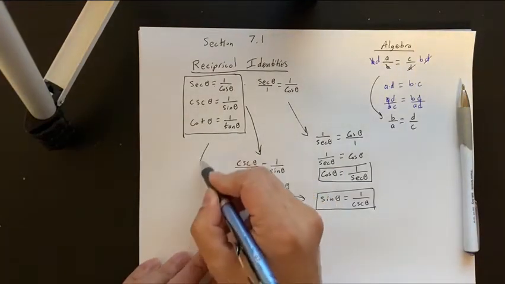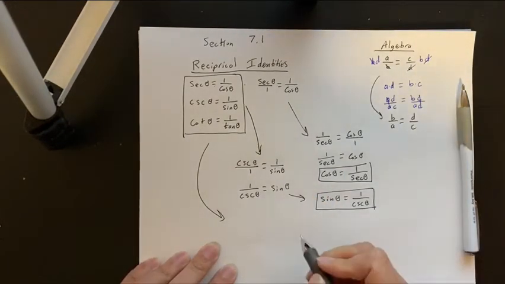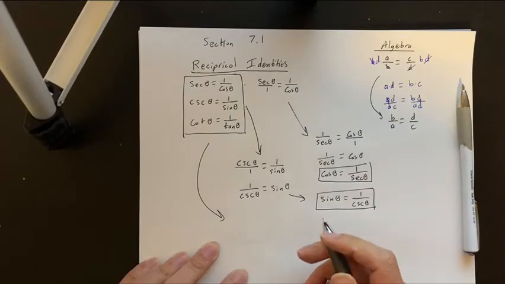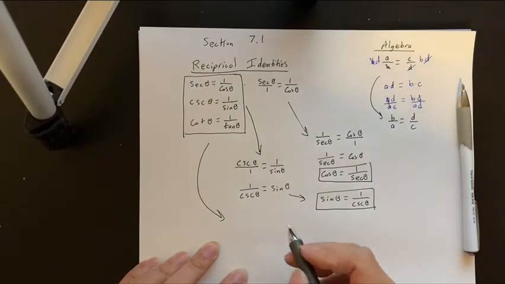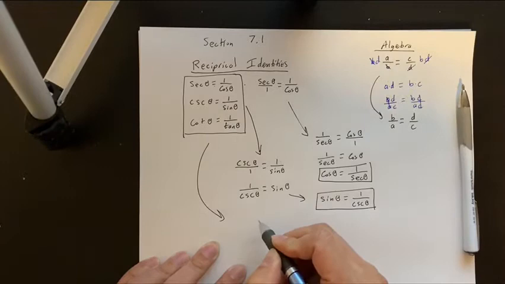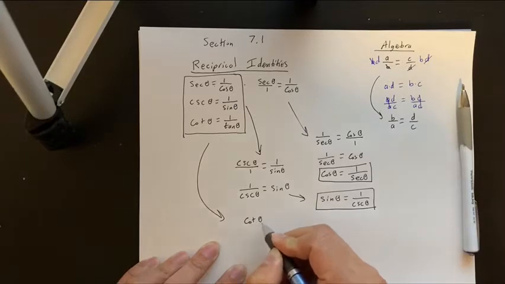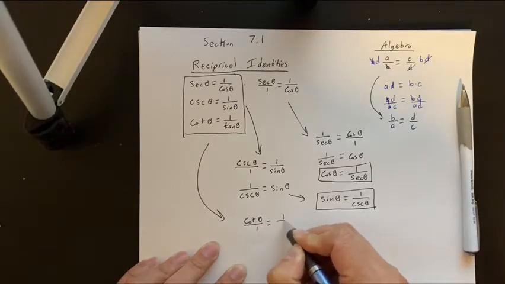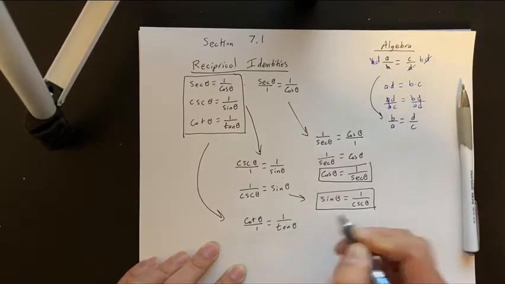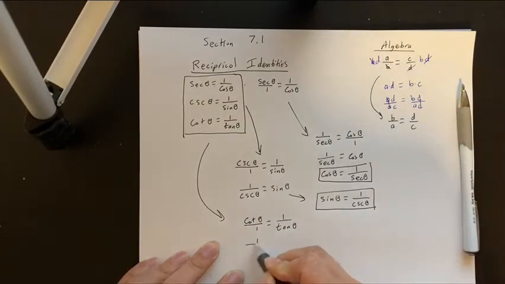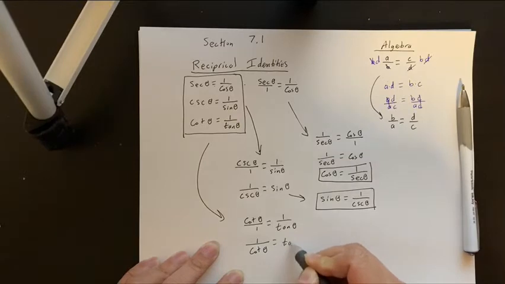Okay, one last one. So cotangent theta is equal to 1 over tangent theta. That means that first you rewrite it as a fraction. You flip the left side, and then you'll get to flip the right side.